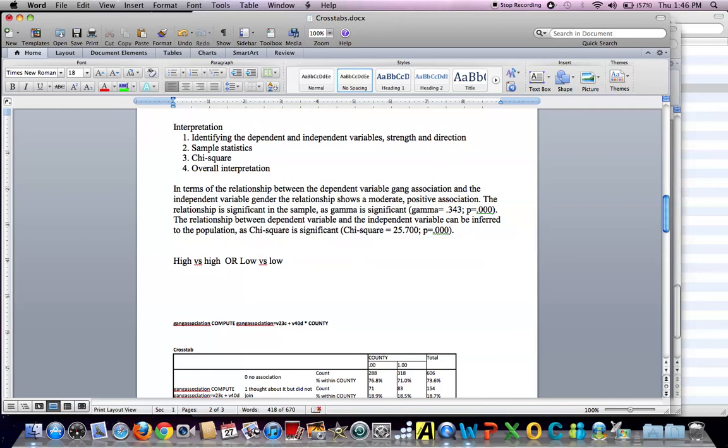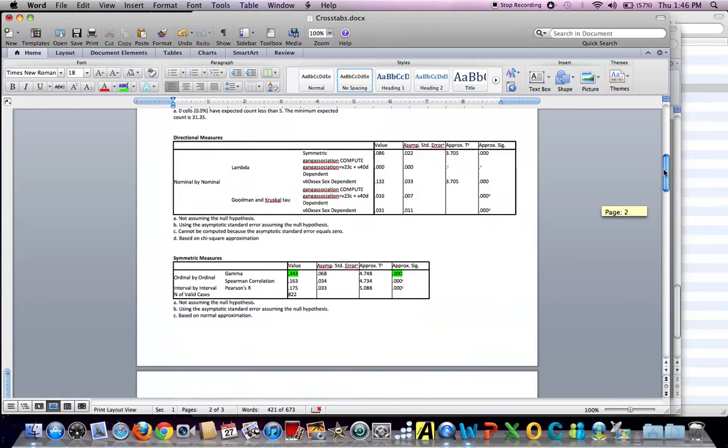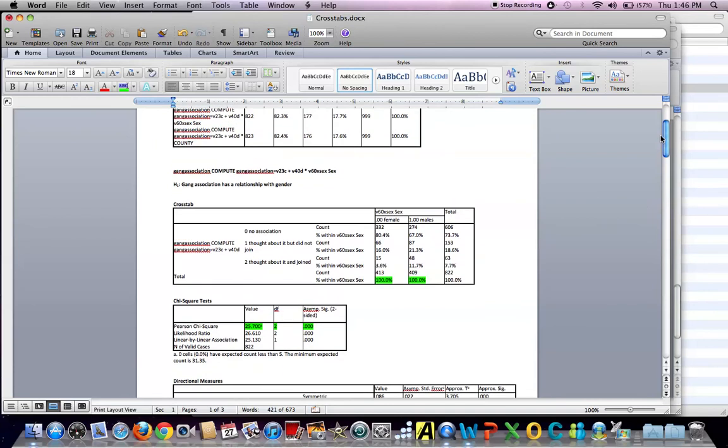What does that mean? You go up to your contingency table and match up the low values on your dependent variable with the low value on your independent variable, and the 0 is the low value on our dependent variable.